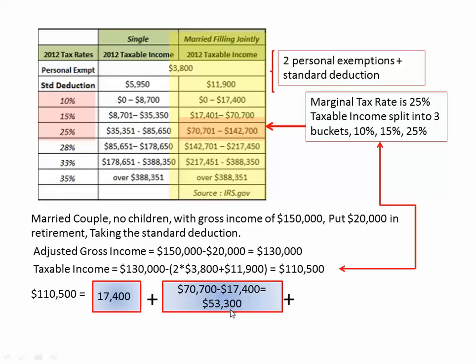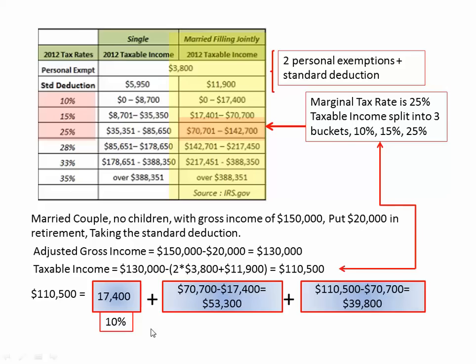The third bucket is their earnings, 110,500, minus the 70,700 already accumulated, which is 39,800. If you add 17,400, 53,300, and 39,800, you get 110,500. This is how you divvy up your income to be taxed at the different rates.